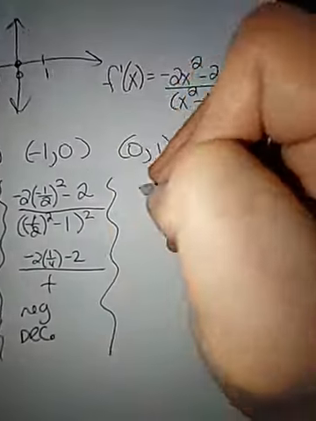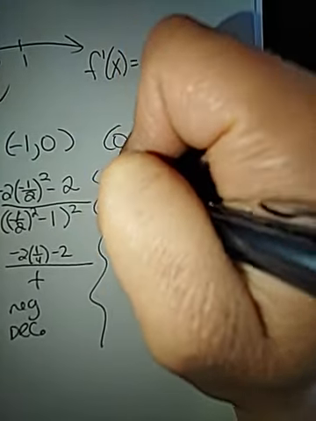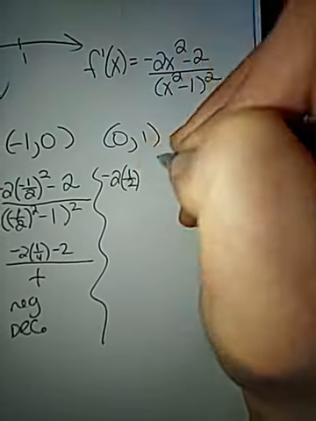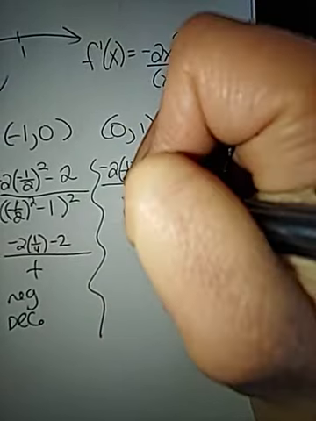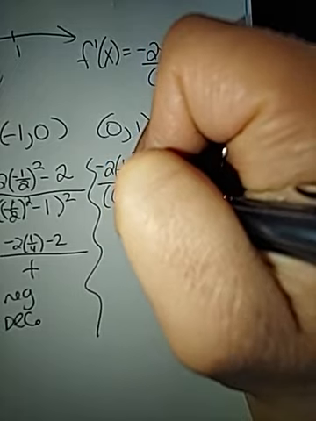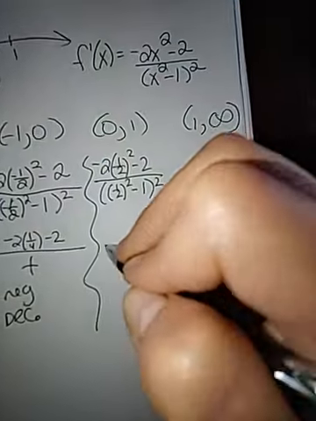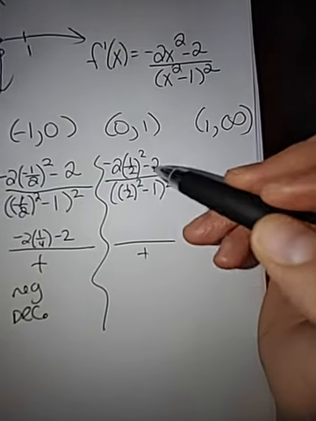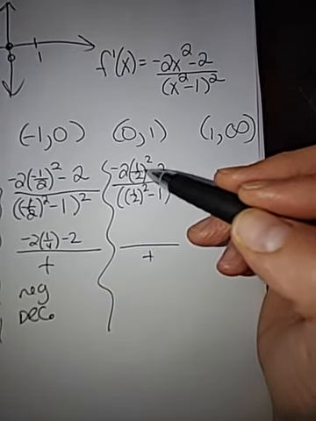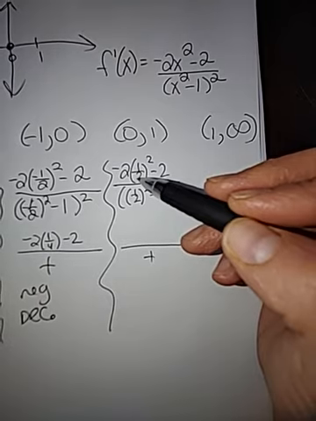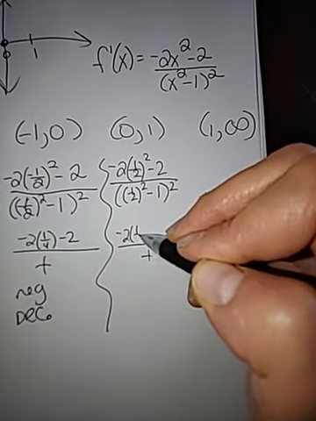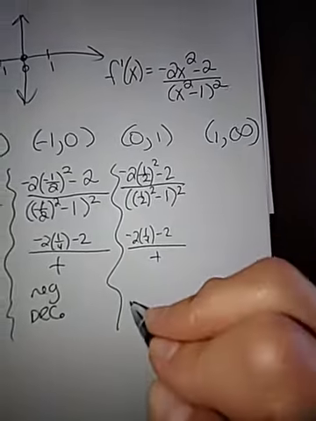All right, now I'm going to put a positive 1/2 in. Okay, so I know the bottom is positive. And then again, I have 1/4, and then negative 2 times 1/4 minus 2. Still negative on top.